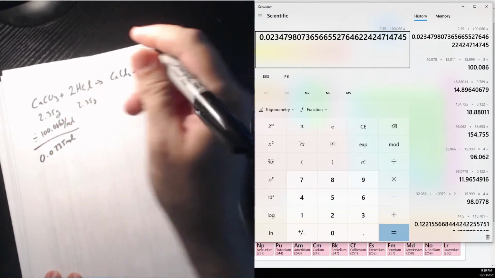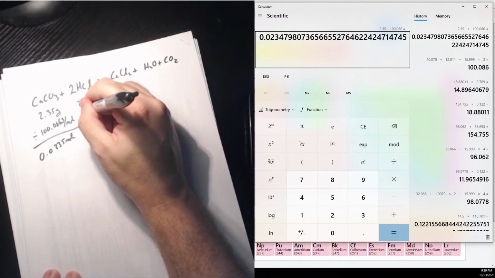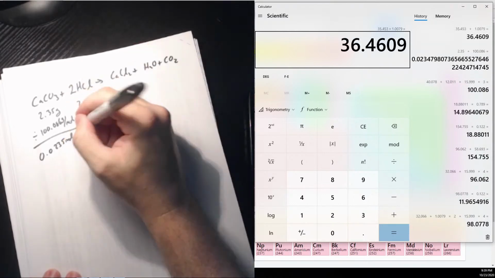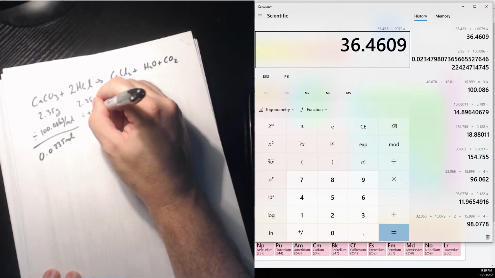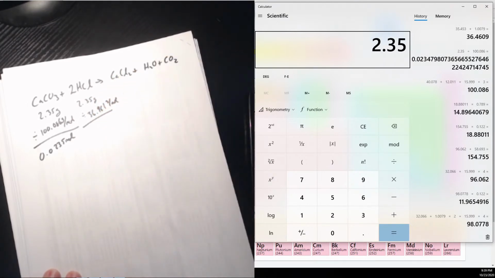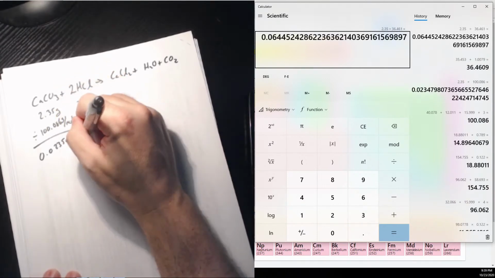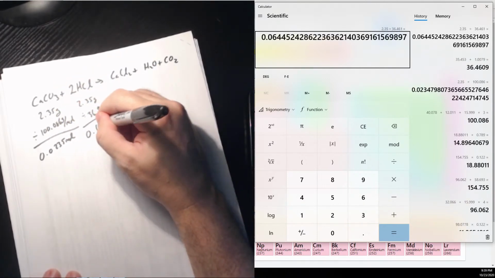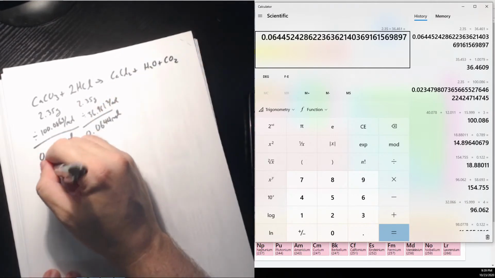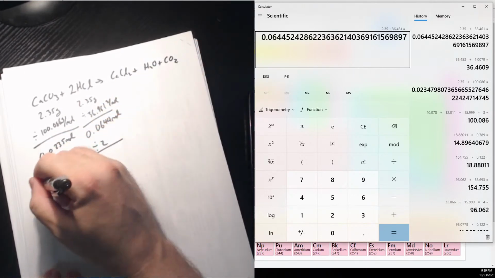0.0235 moles. Then for HCl: 35.453 plus 1.079, 36.461 per mole. That gives 0.0644 moles, divided by 1 over 2.